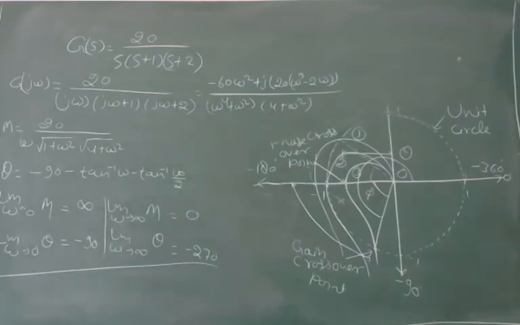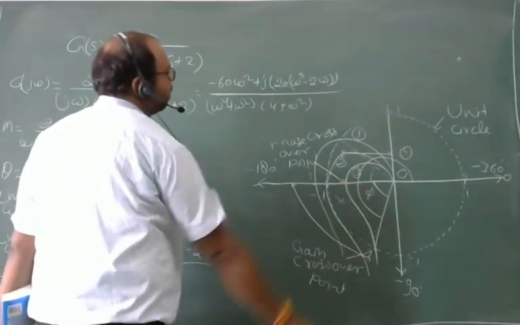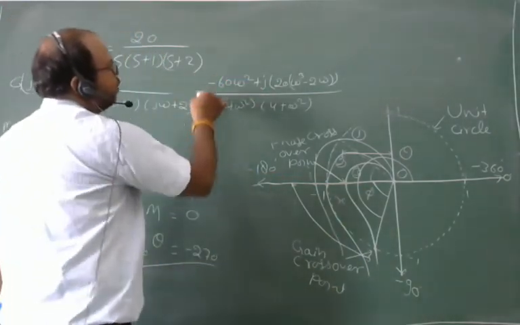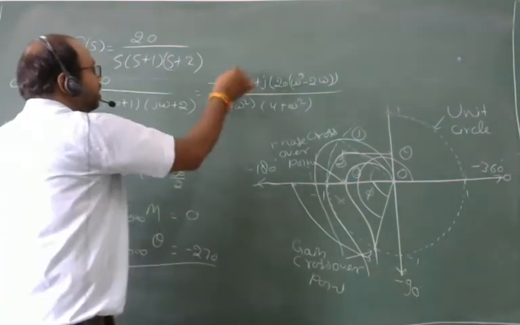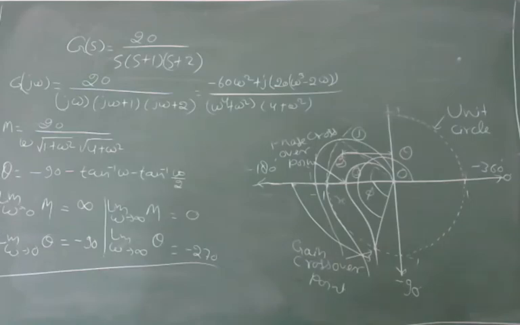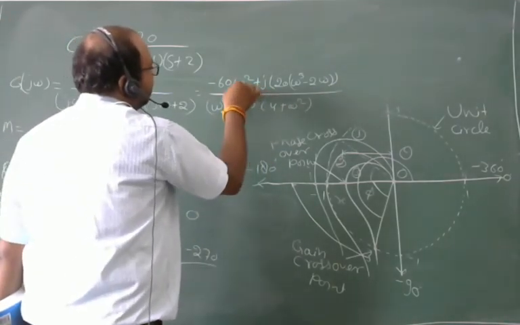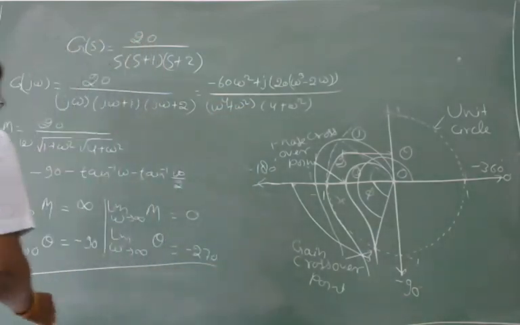Now, for intersection on the imaginary axis, let this value be 0, and when this value is 0, we find omega is equal to 0 and infinity.